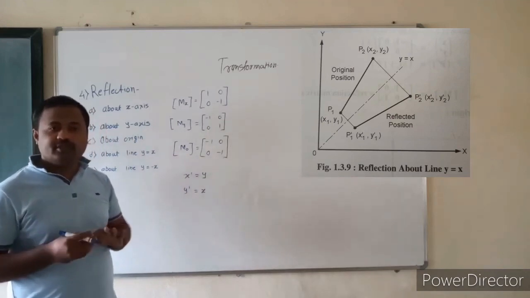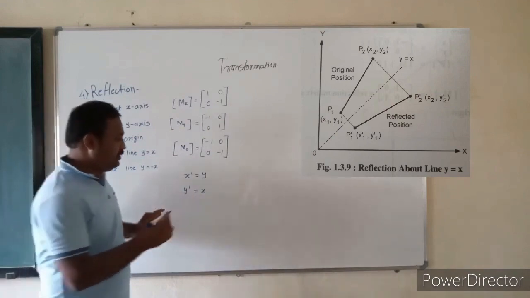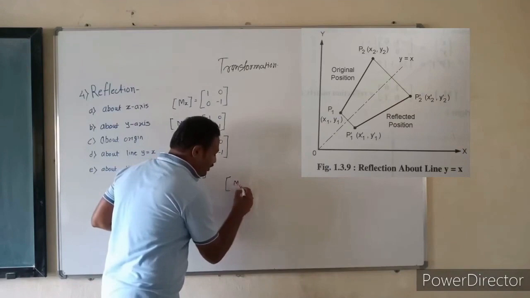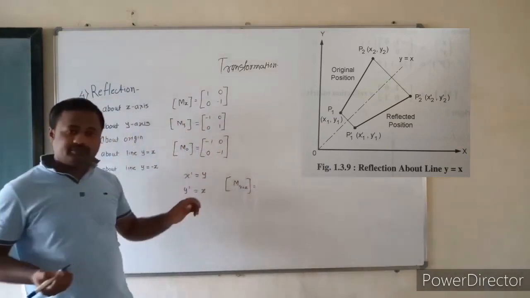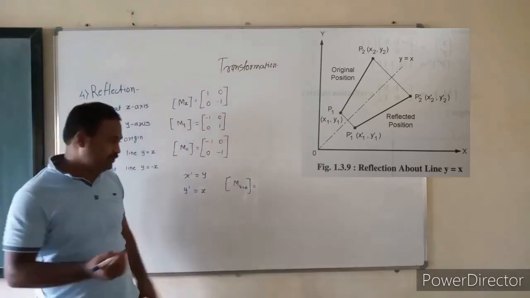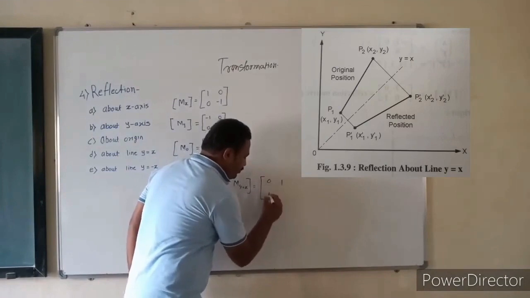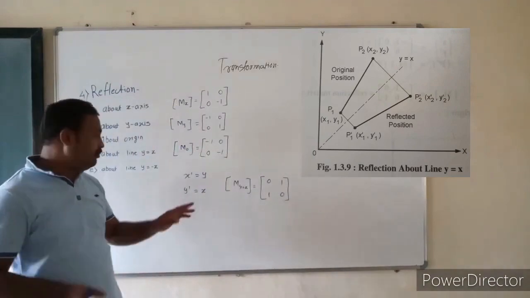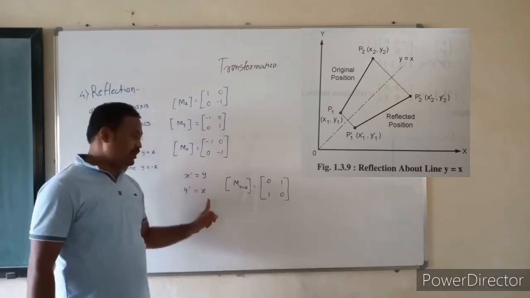The diagram shows that the line P1 P2 is reflected about the line y is equal to x. Then if y is equal to x, the new coordinate x dash becomes y and y dash becomes x, because the line is y is equal to x. Hence, for finding the new coordinates, the matrix M for y is equal to x is 0 1 1 0. Only reflection, but x dash becomes y, y dash becomes x.